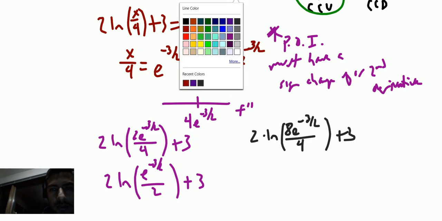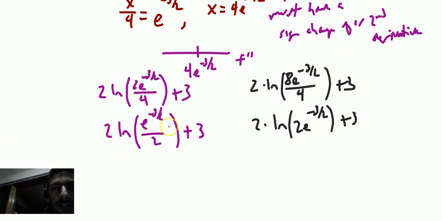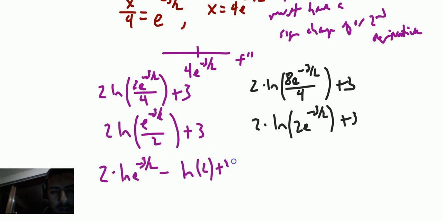This other one is going to be equal to 2 times ln of 2e to the negative 3 halves plus 3. And that ln of a half and 2 is not helpful, so let's get rid of that guy. Using laws of exponents, we get 2 times ln of e to the negative 3 halves minus ln of 2 plus 3. And let's just clean this up now.